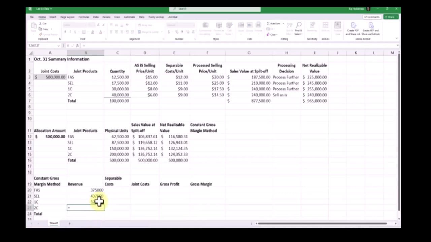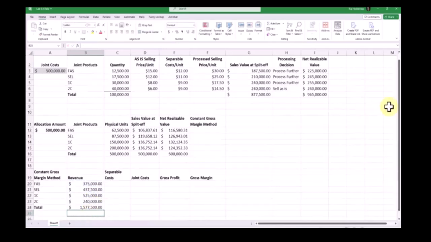For 2C, it's going to be the board feet times the as-is selling price. And let's make these an accounting format. And we're going to sum up our total revenue. And we get $1,577,500.